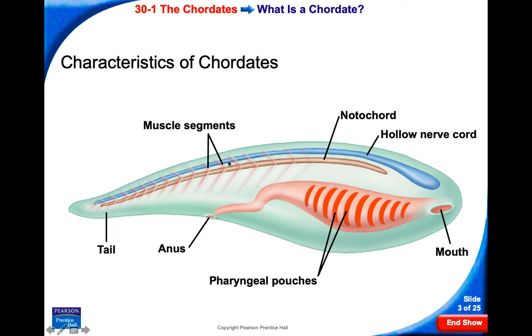And that hollow nerve cord, generally towards the anterior or the cranial region, is going to have the addition of some kind of brain or collection of nerves that acts as a main control, which we know as cephalization. But generally that hollow nerve cord is the first characteristic that we're looking at in a chordate.